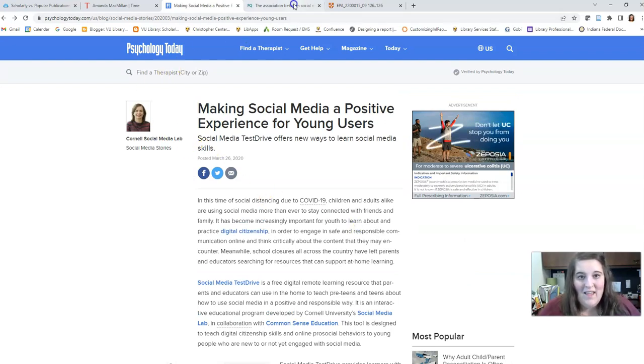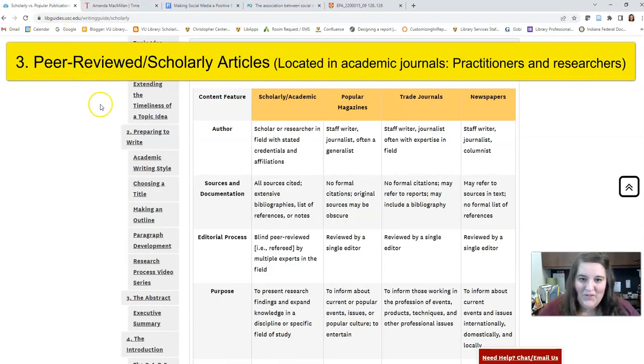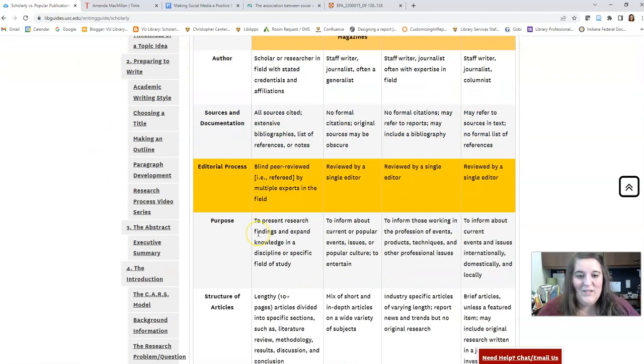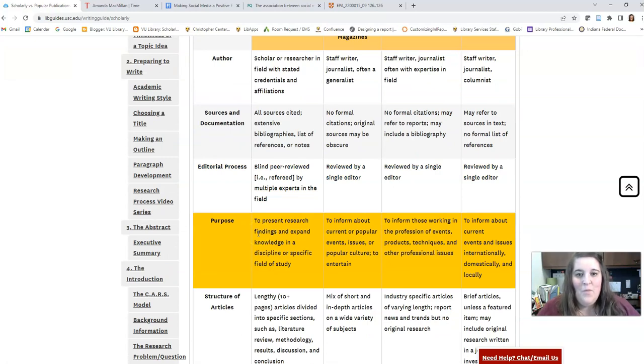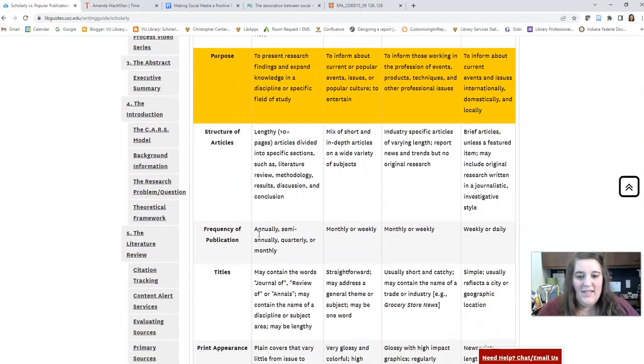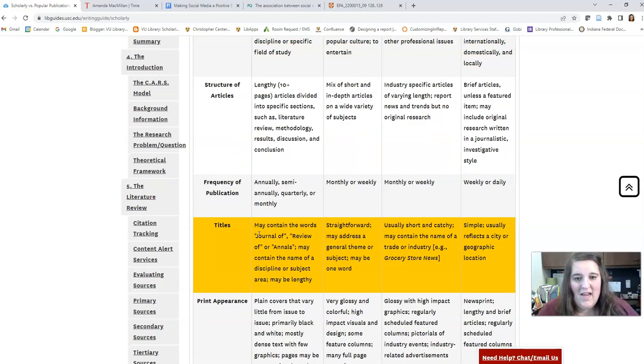And then lastly, this one probably sounds the most familiar, or hopefully it does, is the scholarly or academic or peer-reviewed. We've talked about peer review before, but again, it has to go through a much more rigid process, a peer review process.